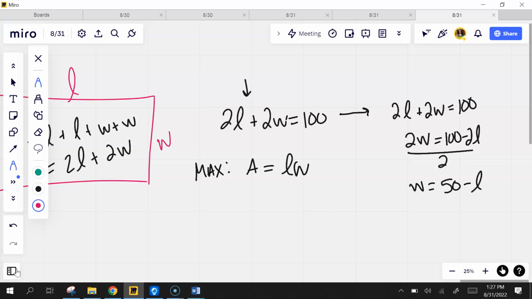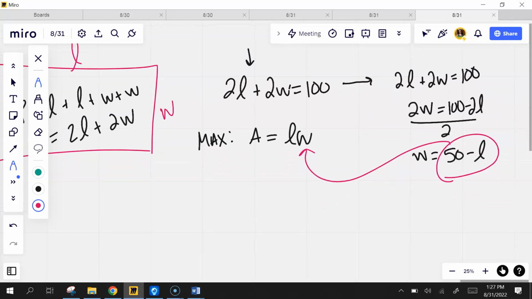So what I'm going to do is I'm going to take this and replace the W now in my equation. So would you also agree that the area of this particular rectangle that has a perimeter of 100 could be written as length times 50 minus the length. So whatever the length is, take 50 and subtract it to get the width.